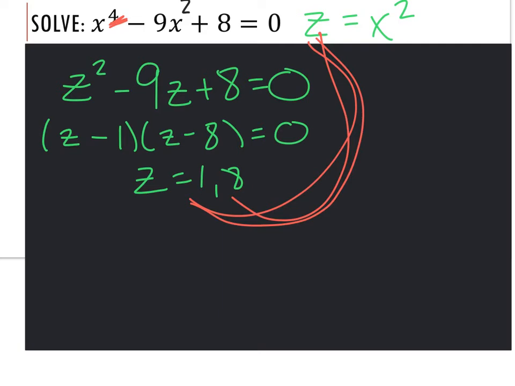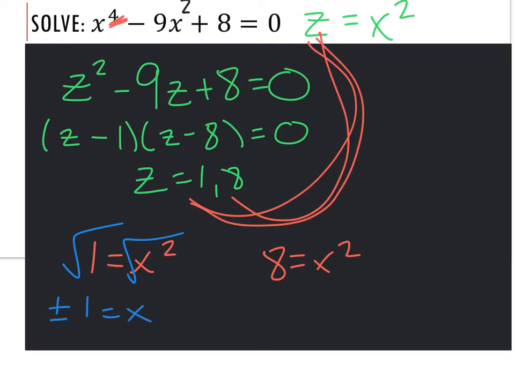So you have 1 is equal to x squared, and you have 8 is equal to x squared. Got to square root both sides. You get plus or minus 1. Got to square root both sides, and you get plus or minus 2 square roots of 2.